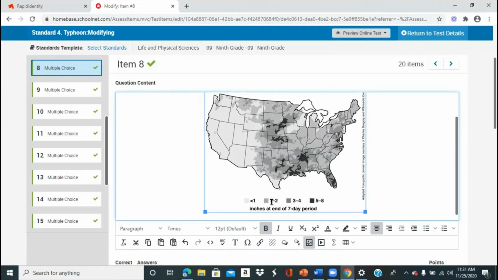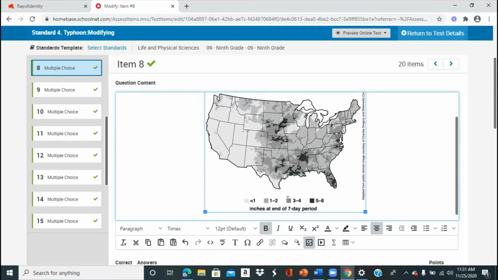This one is medium gray, and it shows 1 to 2 inches of flooding height. If we take a look at the area in the north, some areas there would have about 2 inches. And it doesn't seem to be really bothersome, because that's still very low to be worried about.